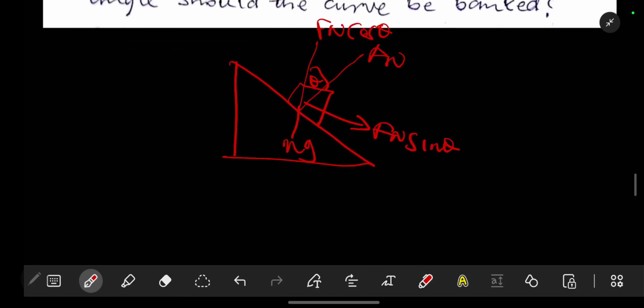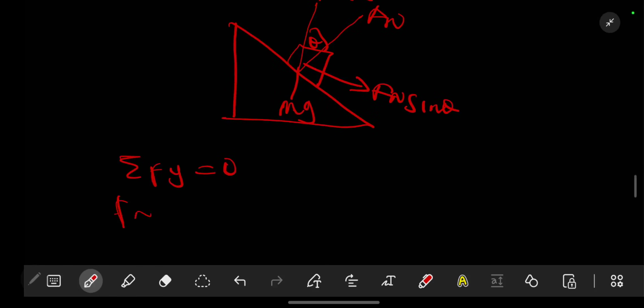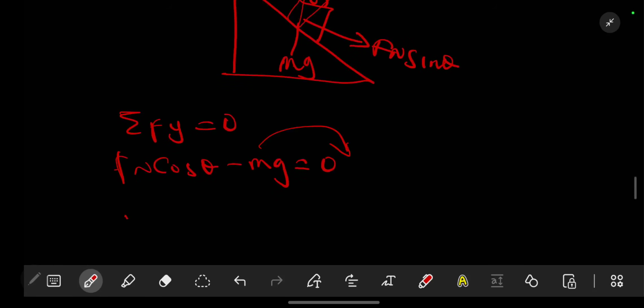This is going to be our mg. Summation of forces in the y is equal to 0. So we have Fn cosine of theta minus mg equal to 0. So this goes this side. Our Fn cosine of theta should be equal to mg.